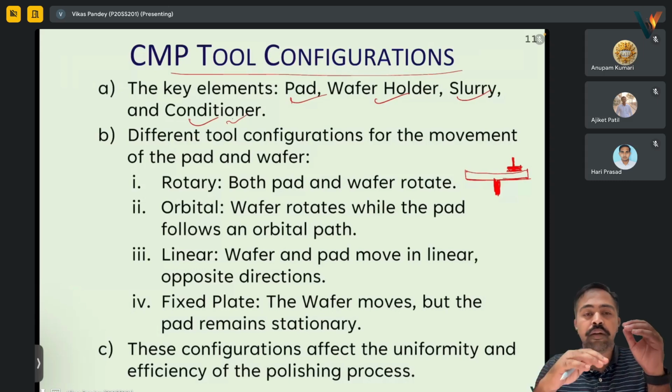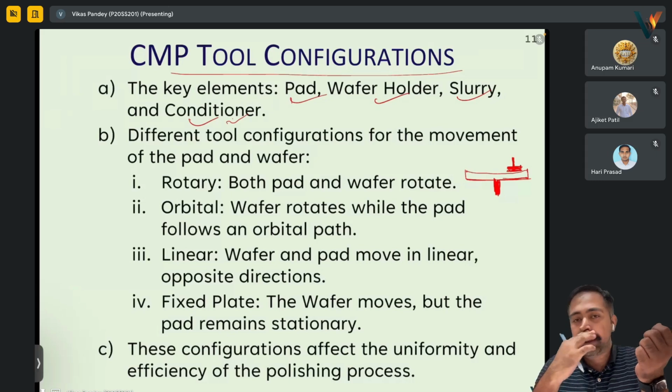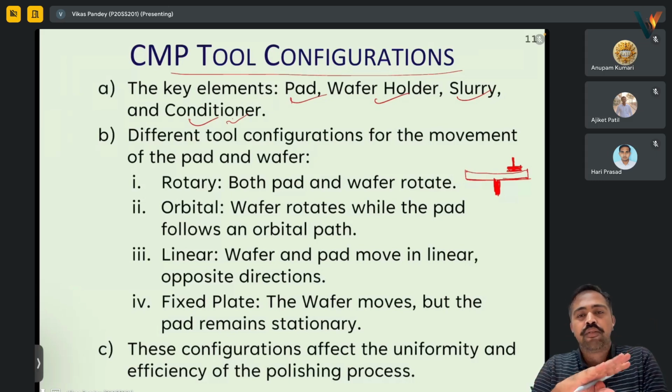In a sense it is a lubricant, if we talk in common language, that keeps this whole process going on. If this slurry dries, it will not facilitate the CMP.